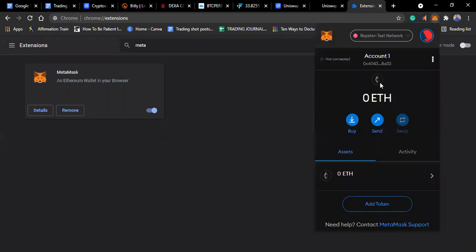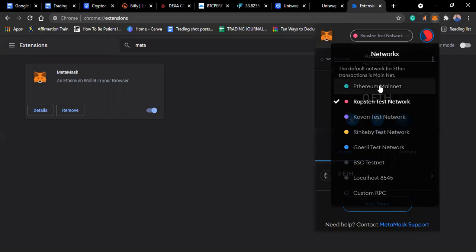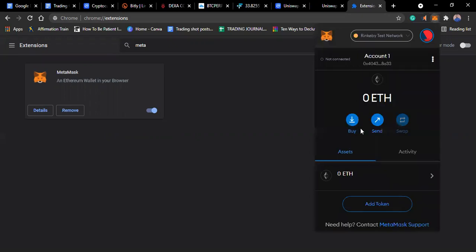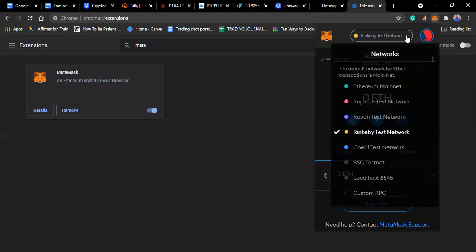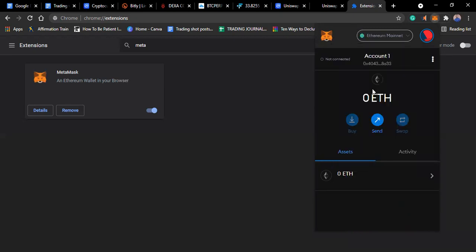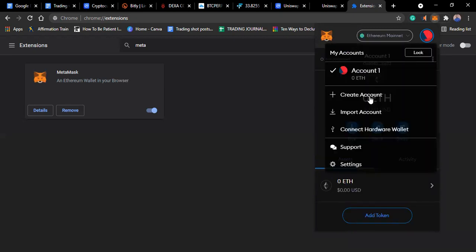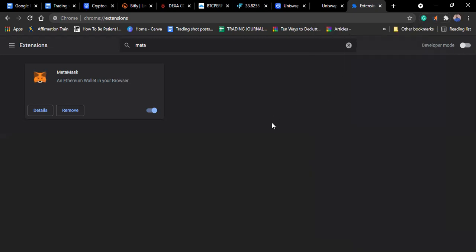So my MetaMask is up. Okay, so this is my MetaMask. It's open now. So I go back to Uniswap.